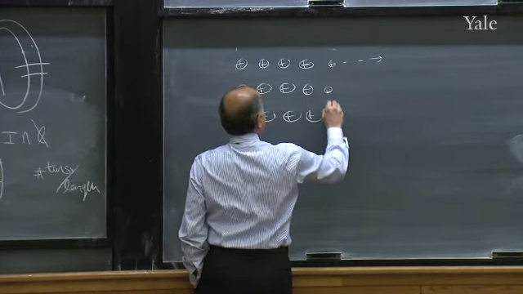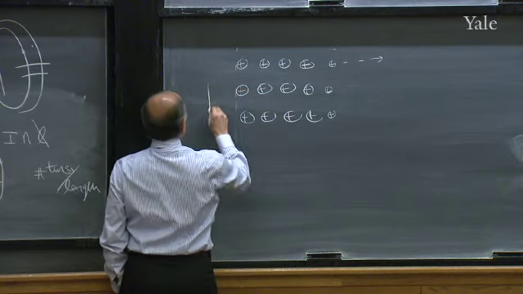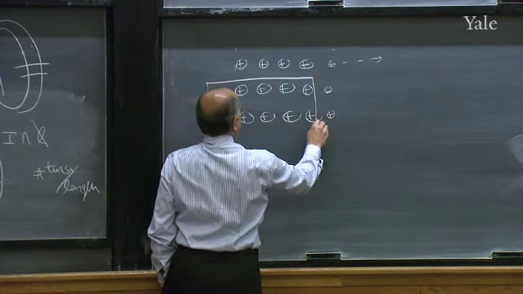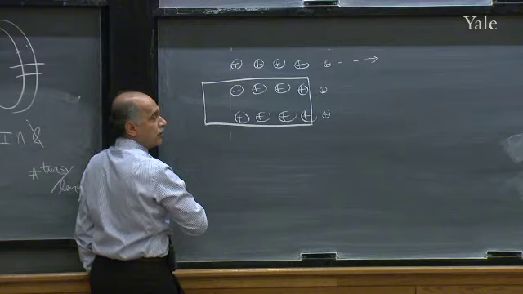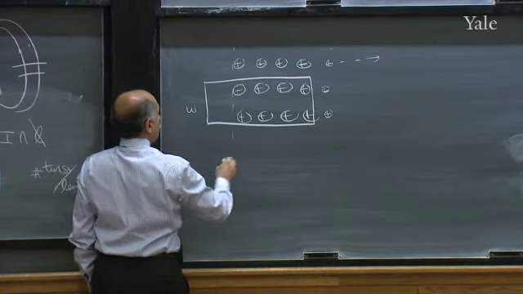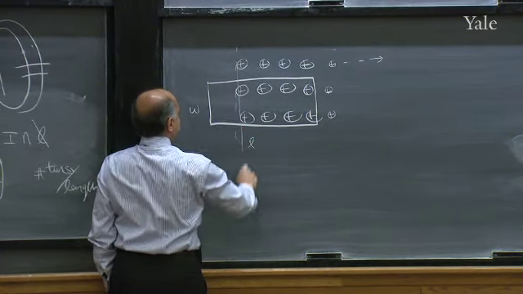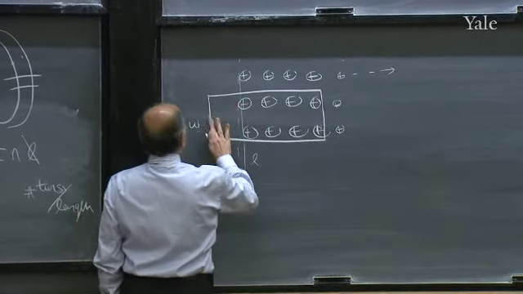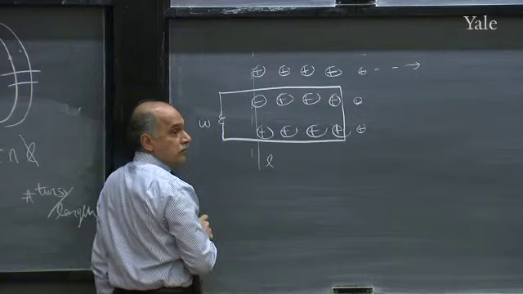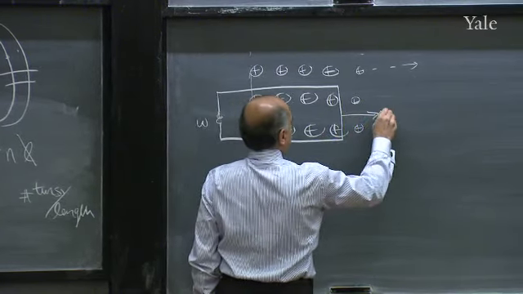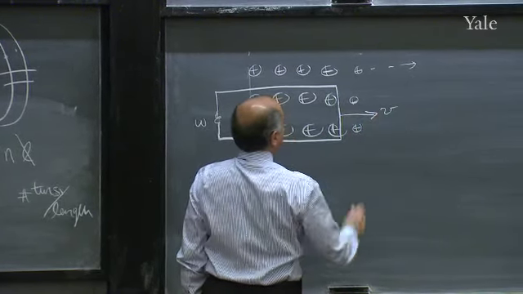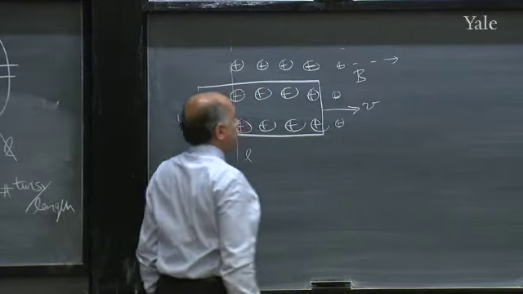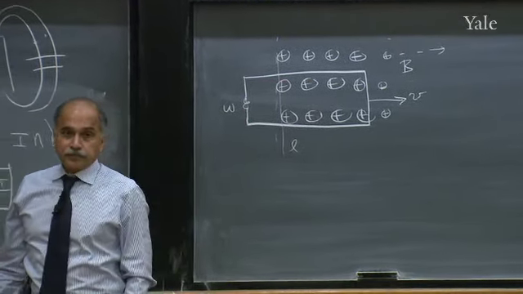Now I'm going to take a loop of wire like this. It's got some width W, maybe some length L. And I put a little light bulb here. Then I drag this to the right with some speed V. And there's a magnetic field B going into the blackboard.